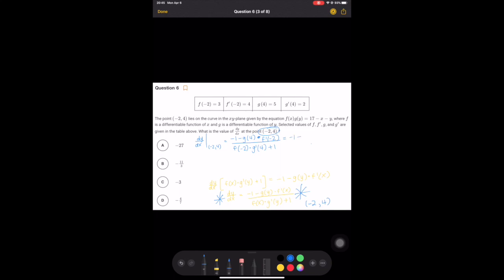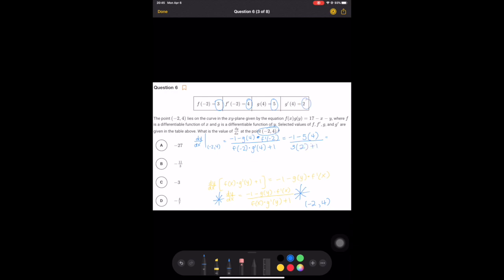We have negative 1 minus g of 4, that's 5, times f prime of negative 2, that's 4, over f of negative 2, 3, times g prime of 4, it's 2, plus 1.